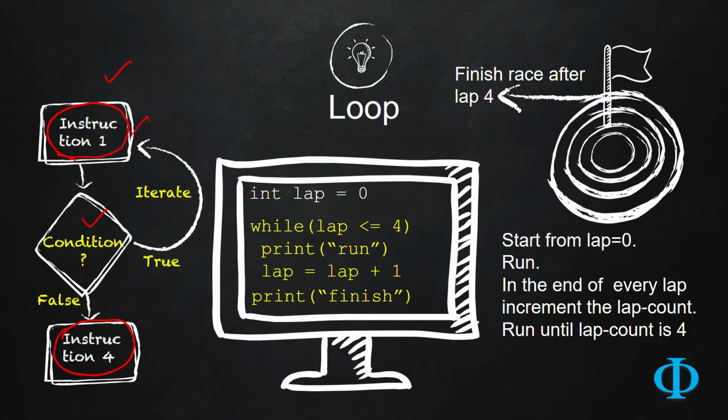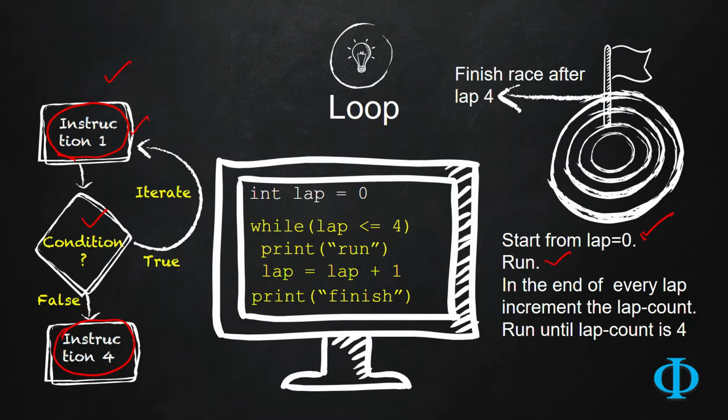So in order to connect it to a real world example, you can think of a track and field race. In a track and field competition, each competitor needs to complete a certain number of laps to successfully finish the race. So while competing, they have to start the lap count from 0, and then they start running.